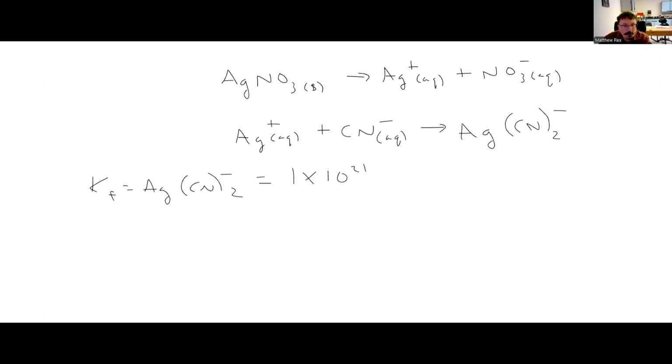All right. So then what we're going to do is focus on the formation of that complex. The silver ions, we have the KSP there, and we can figure this out. And I believe our concentration is low enough, or actually we don't even need it, such that we can assume complete dissolution of that silver nitrate, and the concentration of the silver then, because it's 1 to 1, being 9.74 times 10 to the negative 4 molar.